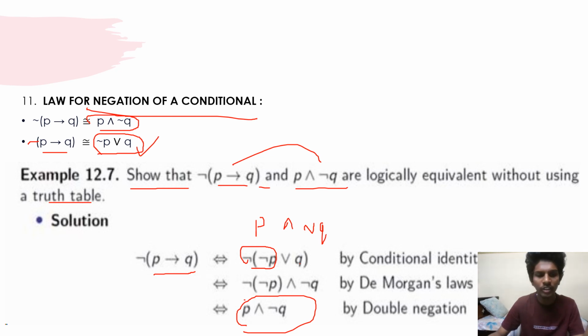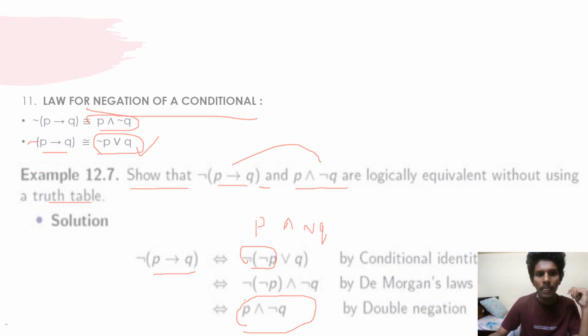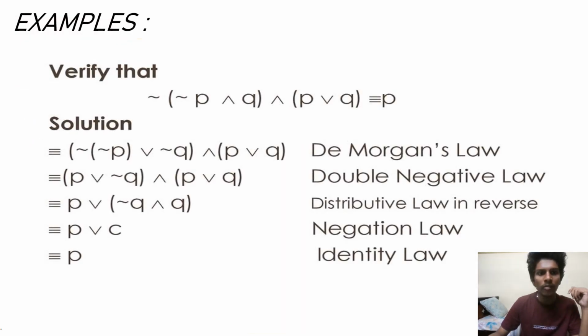Okay, moving to the next example. Verify that negation of negation P and Q, and P or Q, equals P. So apply De Morgan's law to this. Negation of negation P will give P. Here AND is changed into OR.